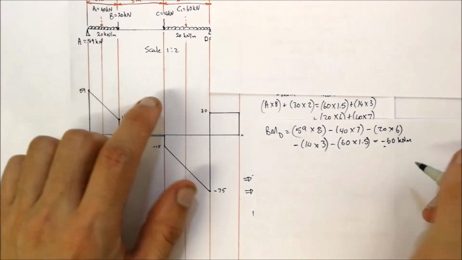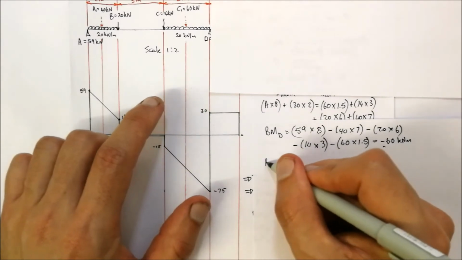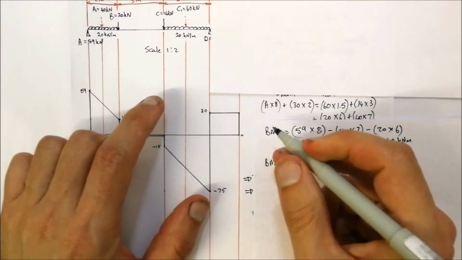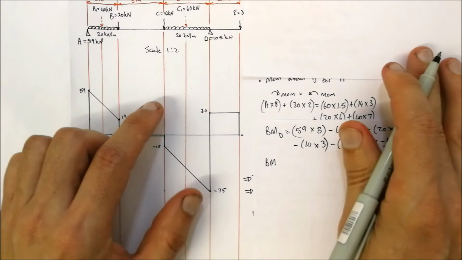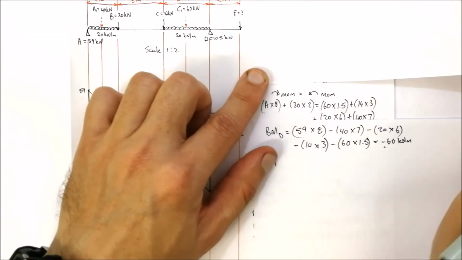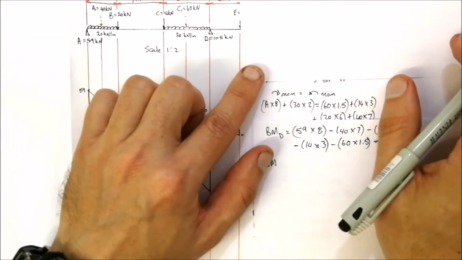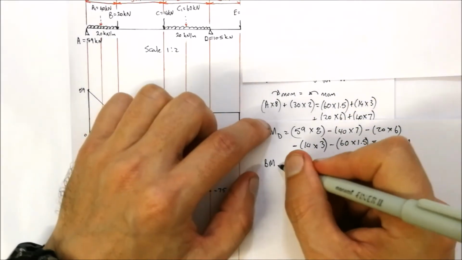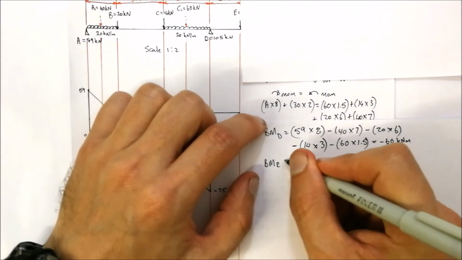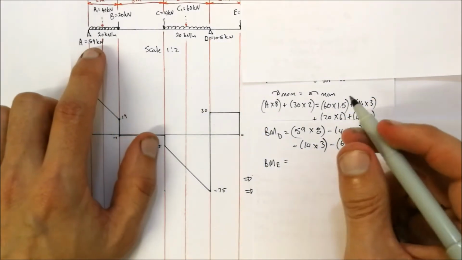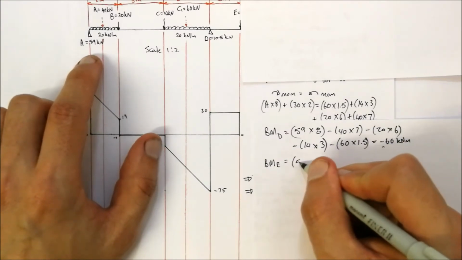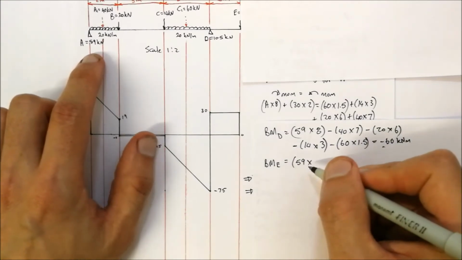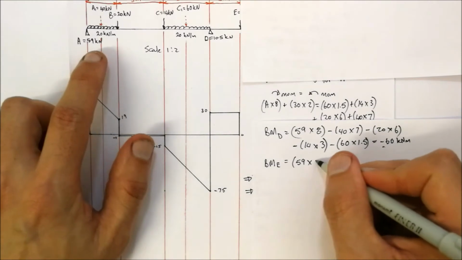Then we've got to look at the bending moment for E. Alright, so let's have a look. That's equal to 59 multiplied by the distance away from E, which is 10 meters.